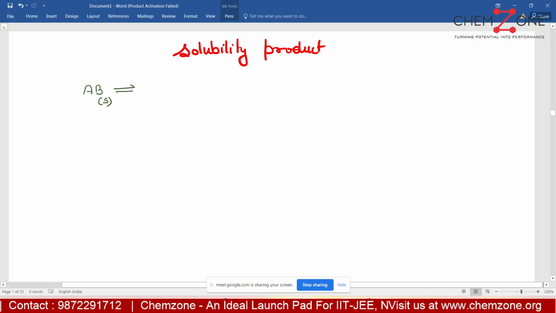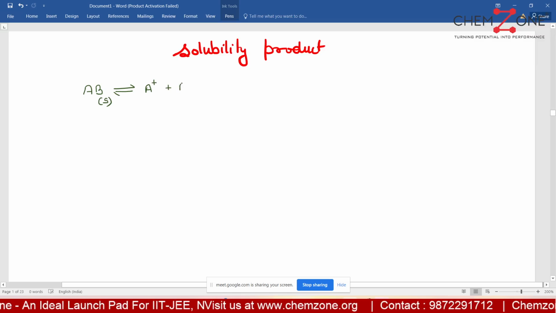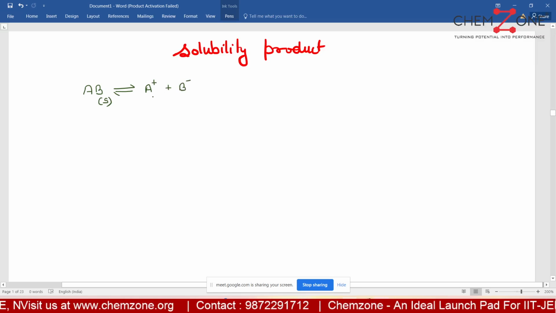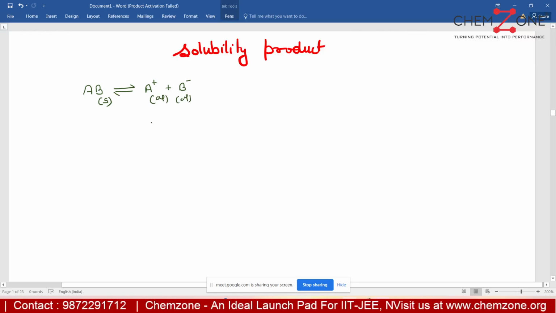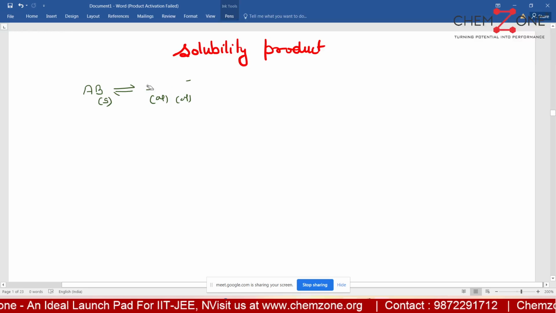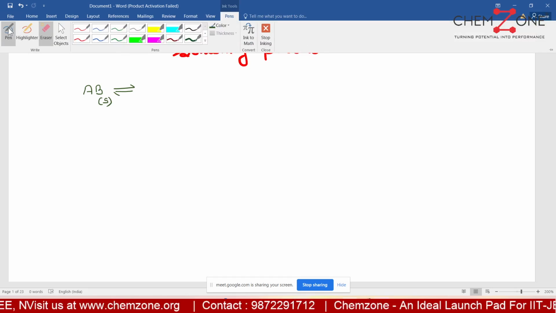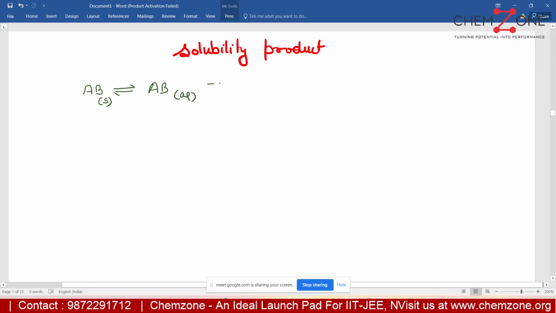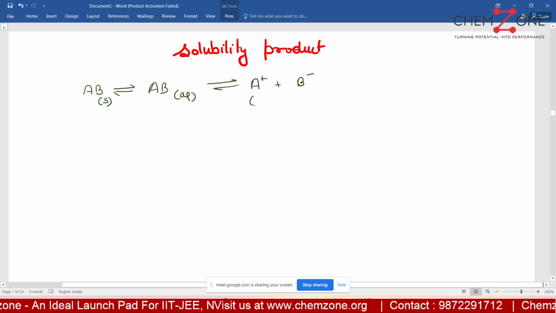When dissolved in water and made a saturated solution, it forms A positive and B negative. Wait, something wrong I have done. First of all, it is dissolving in water, AB aqueous. And now it dissociates to give A positive and B negative.